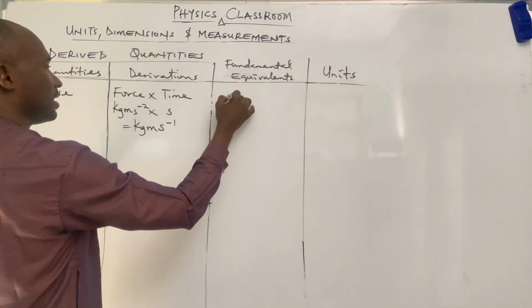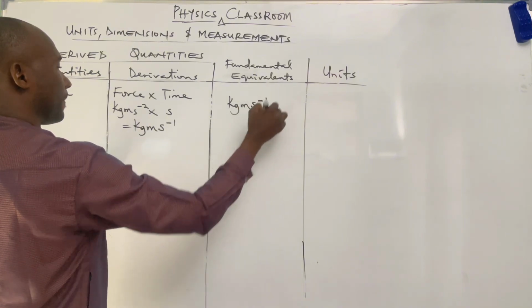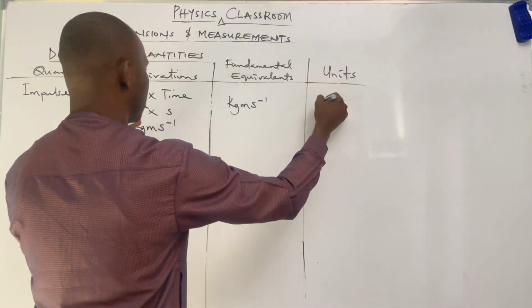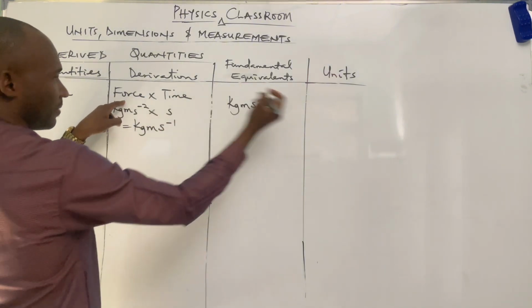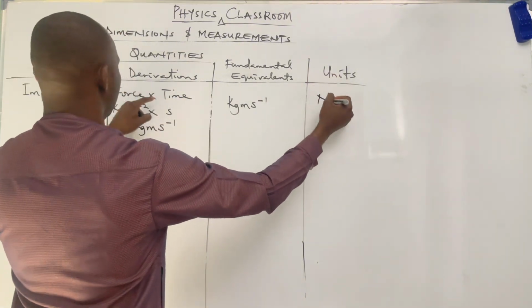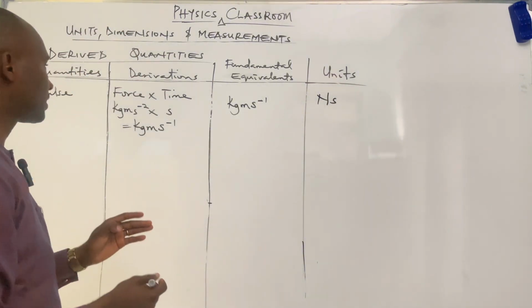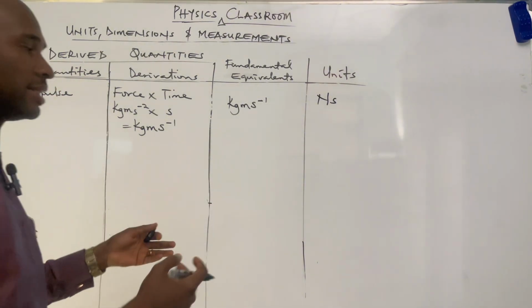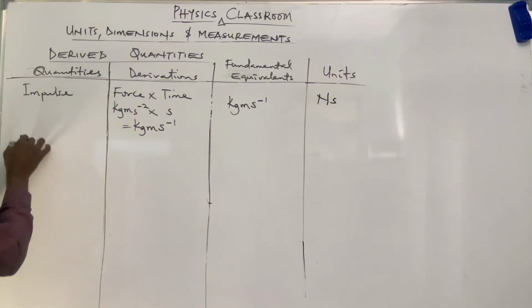So the fundamental equivalence will be kilogram meter per second, which can still be written as, from the derivation, a product of force times time. Force is measured in Newton. Likewise, the time measured in seconds. You can see the unit for both momentum and impulse are the same. Now let's see density.